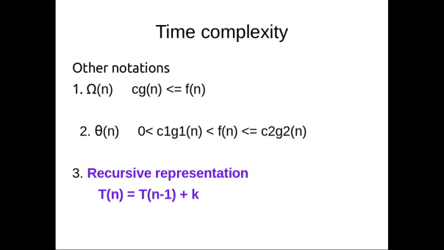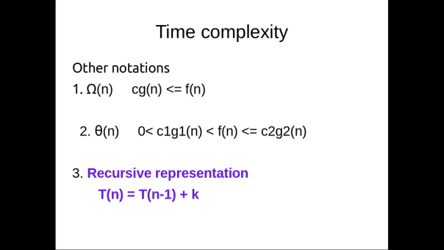So if a program or algorithm takes t of n time, this is a function, t of n. The other sum module can take t of n minus 1 time.